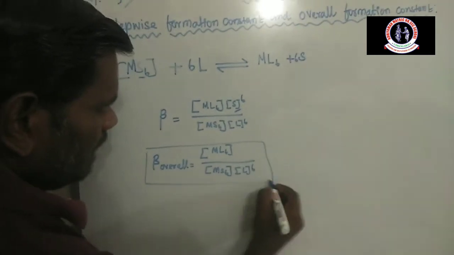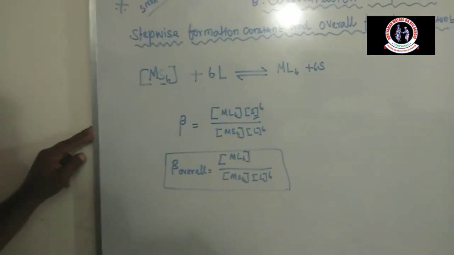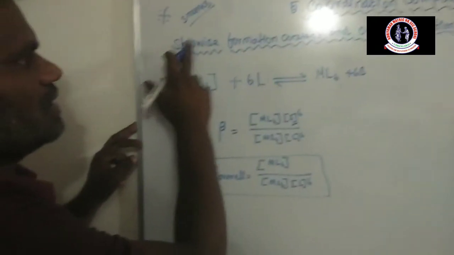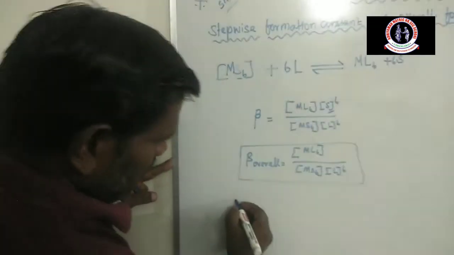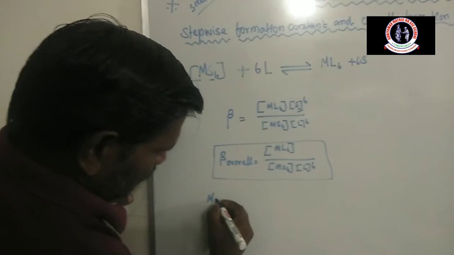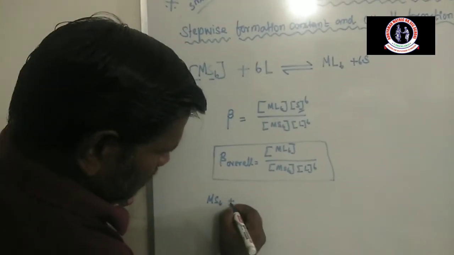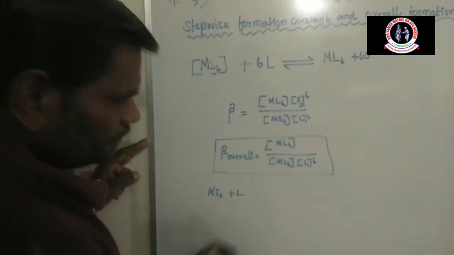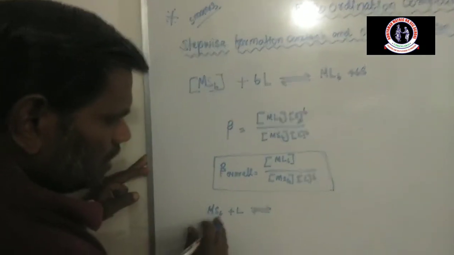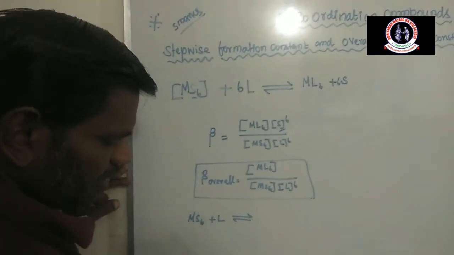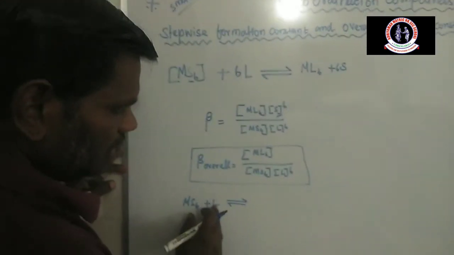Now we can explain this easily by the stepwise formation constant, one ligand at a time. For example, you take MS6 plus L. Here 6 moles of solvent are there, but only one ligand.